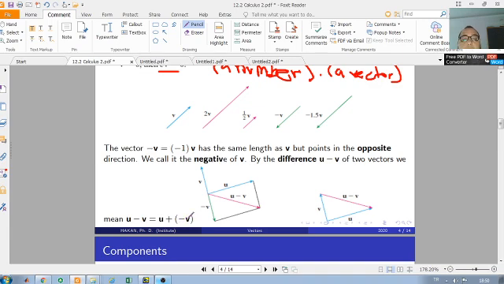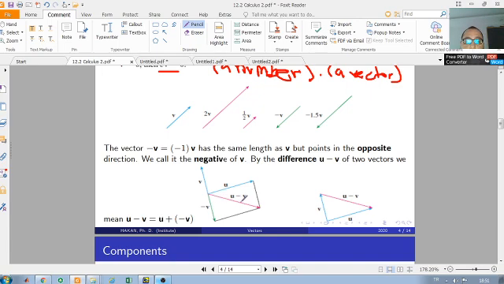Okay, we have this common initial point for u and v. By taking the negative version of v, we have minus v here, you see, which is on the opposite side of the vector v, but the initial points are the same.